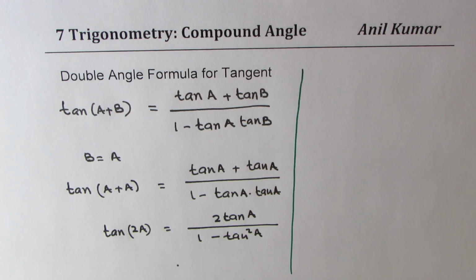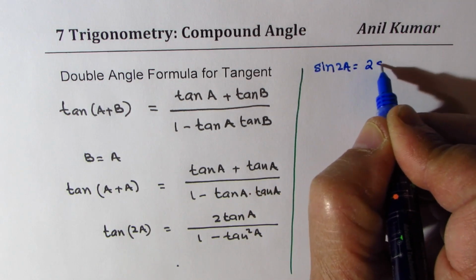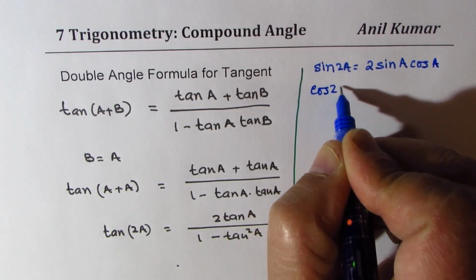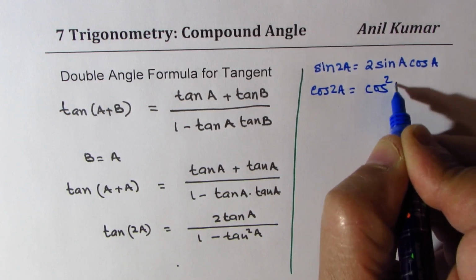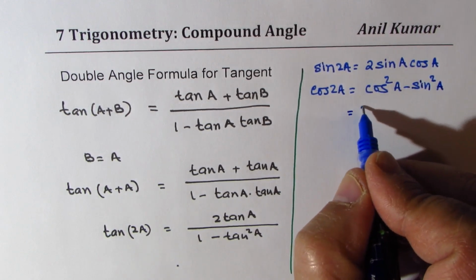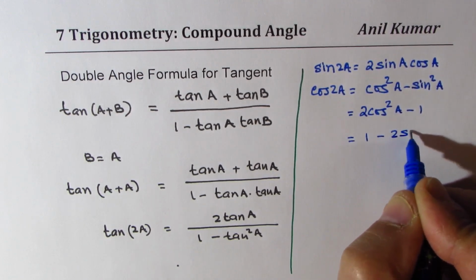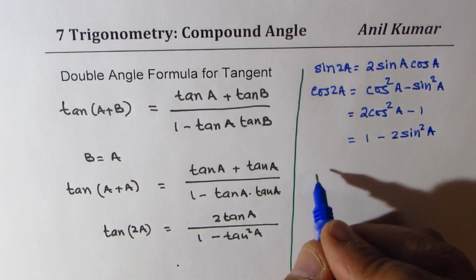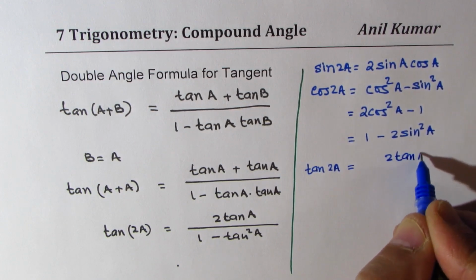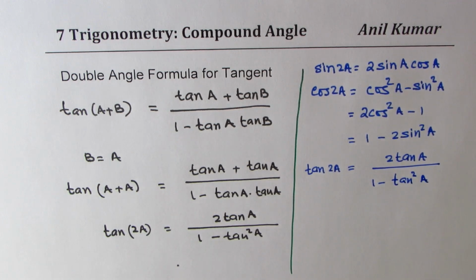So with that, we get all our double angle formulas. Let us summarize them. We have sine 2A, which is 2 times sine A cosine A. Then we have cos 2A, which is cos square A minus sine square A. This could also be written as 2 cos square A minus 1 or 1 minus 2 sine square A. And here we have the tan 2A formula, which is 2 tan A over 1 minus tan square A. So I hope that is absolutely clear.